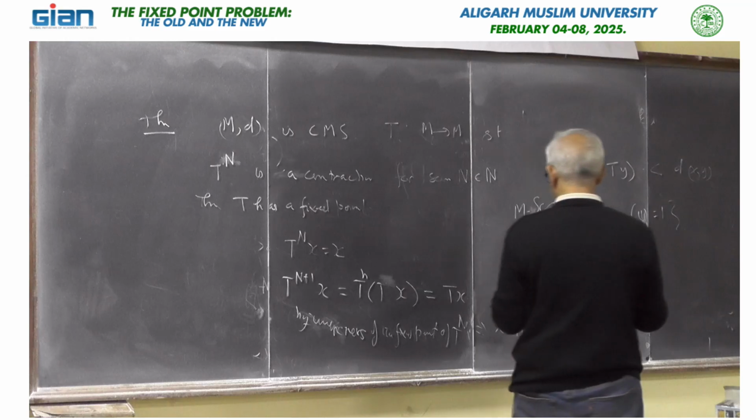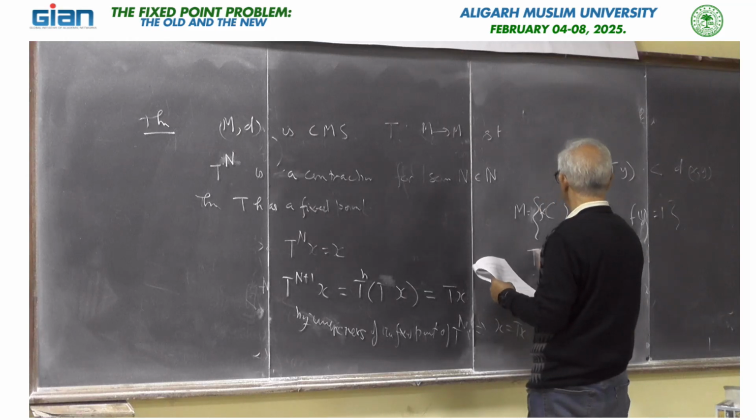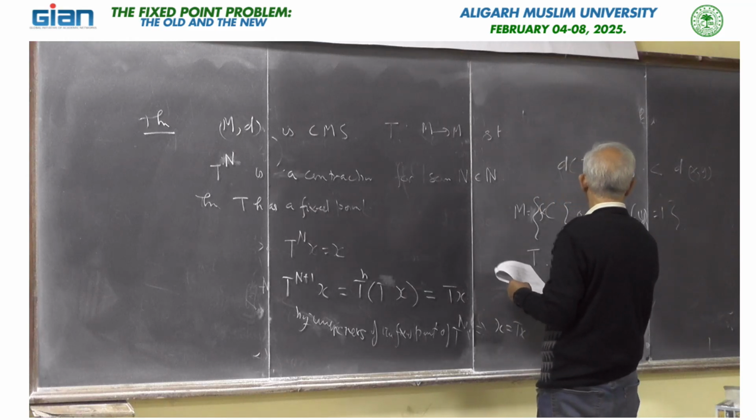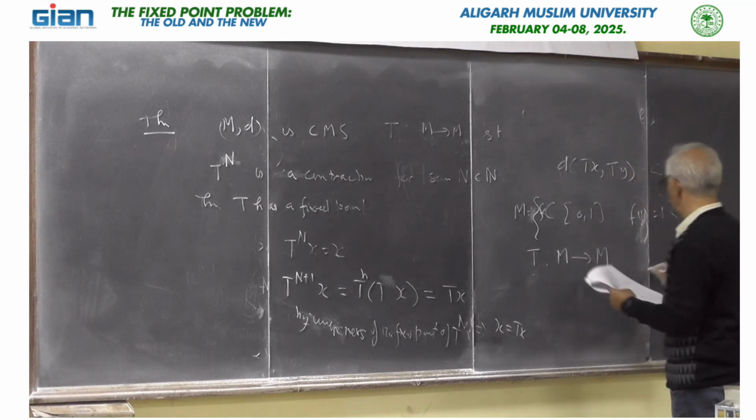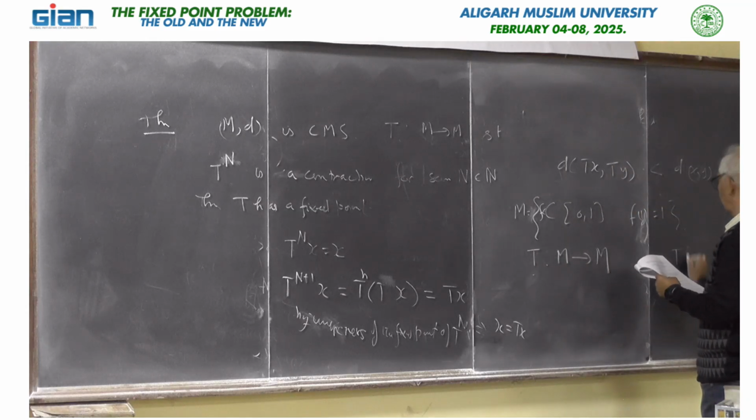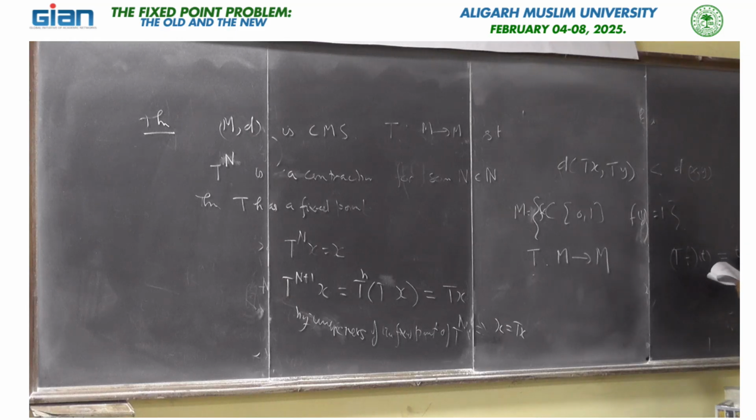Now, define this T from M to M by (Tf)(t) equals t f(t), the multiplication operator, for any t in [0,1].